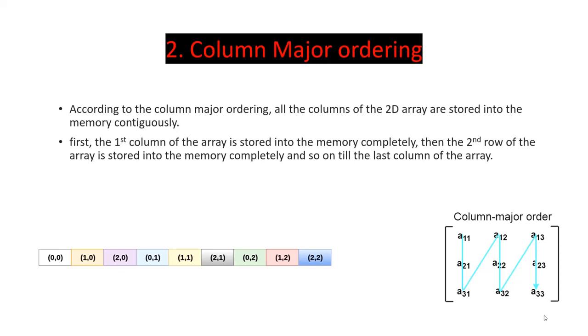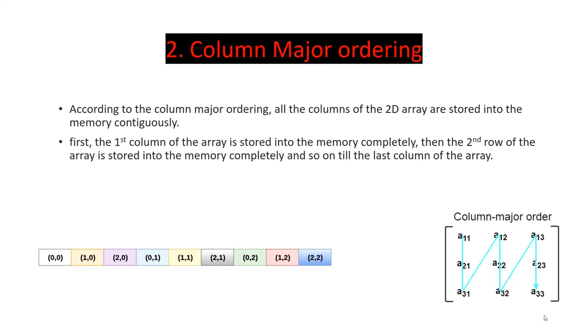After the completion of the first column, the second column of the array is stored into the memory completely. After completion of the second column, it will go for the third column. After completion of the third column, it goes for the fourth column and so on till the last column of the array.